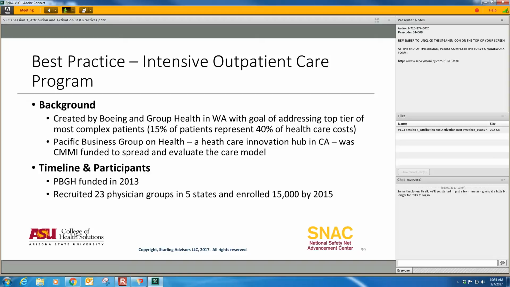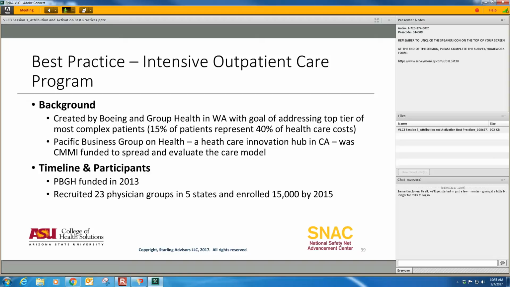As they identified this model, they worked with an innovation group in California, the Pacific Business Group on Health, to quantify their model, spread it to other providers, and evaluate success, to see if it could be used in other provider settings. I think they received a couple of rounds of CMMI funding to evaluate their model and test it in other provider settings.